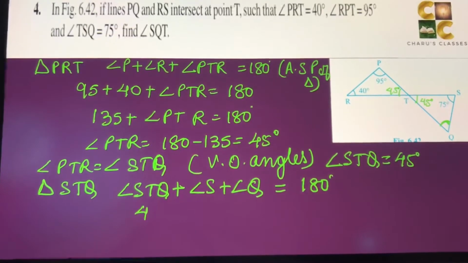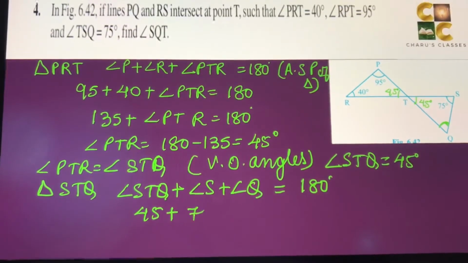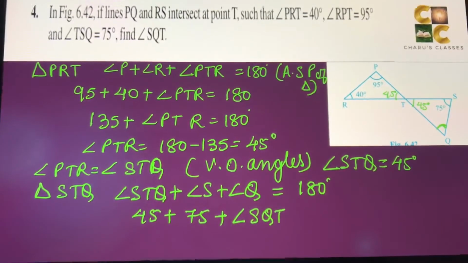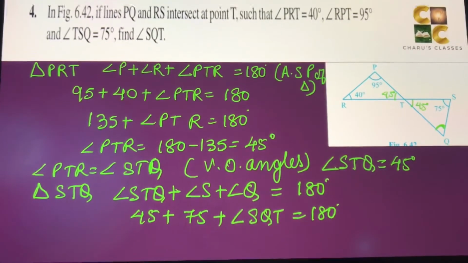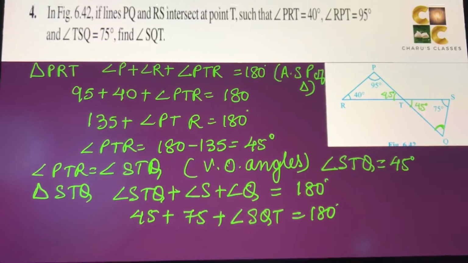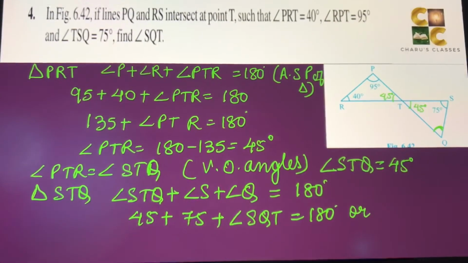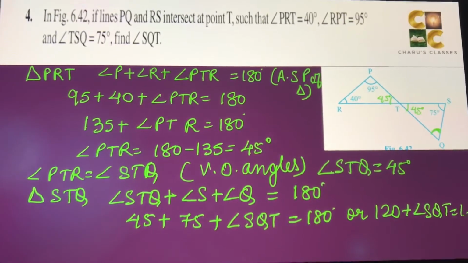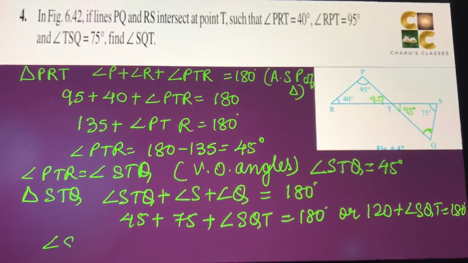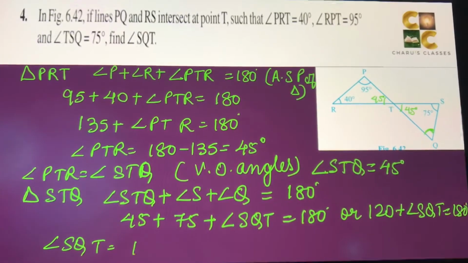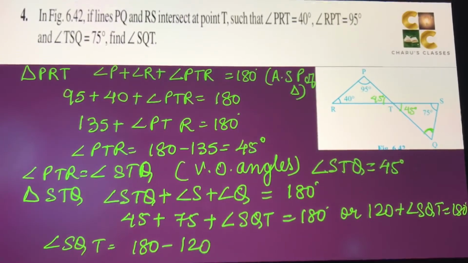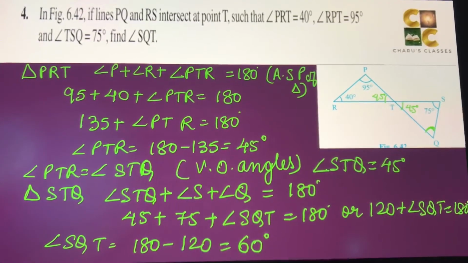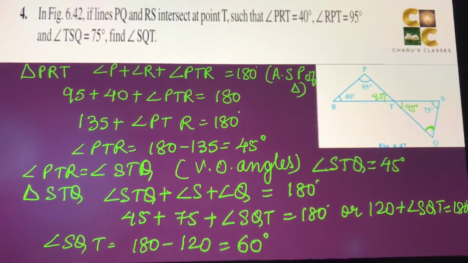So angle STQ is 45 plus 75 plus angle Q, or I can write it as angle SQT, that is equal to 180 degrees. Or we can say 45 plus 75, that is 120, plus angle SQT is 180 degrees. Or angle SQT can be written as 180 minus 120 degrees, which is 60 degrees. So the answer is 60 degrees.